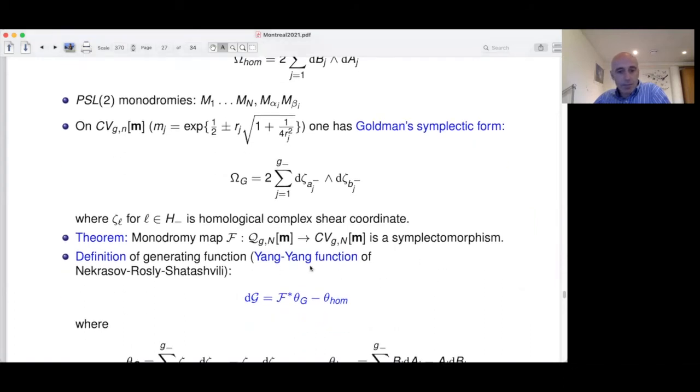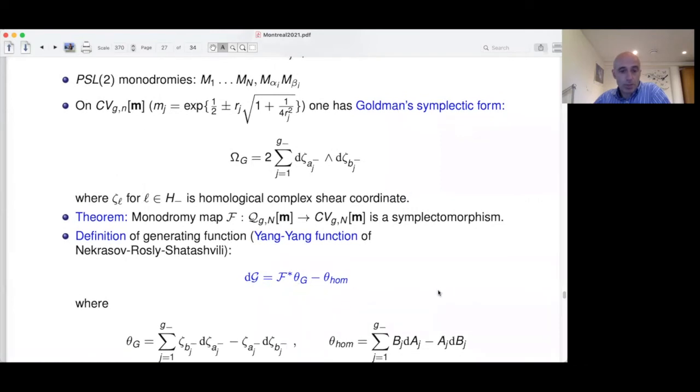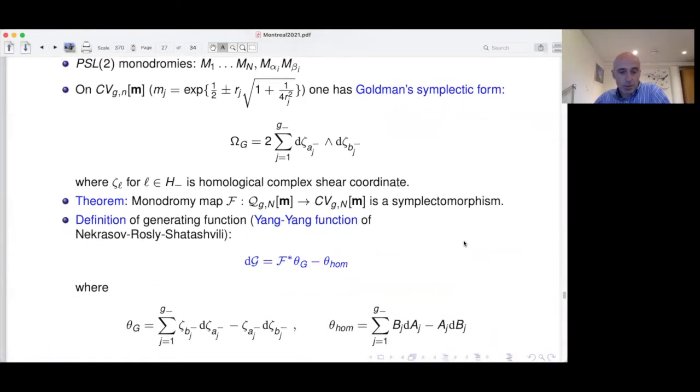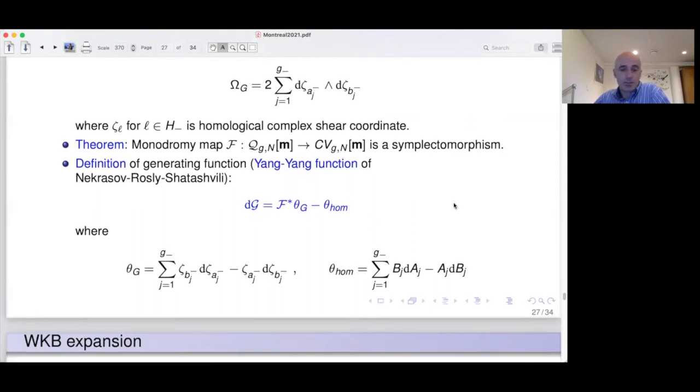And then the Yang-Yang function by Nekrasov-Rosly-Shatashvili is the following. You pick some symplectic potential on the coefficient side, pick some symplectic potential on the Goldman side, on the character variety side. And this F is the monodromy map, so you take the pullback of the Goldman potential with respect to the monodromy map, subtract this, and you get the generating function.